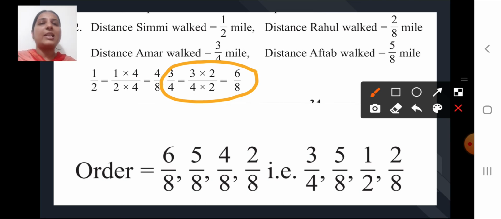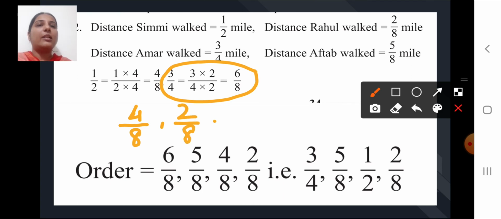So here we will get 6/8. So now we have all the like fractions. Now we have 4/8, then 2/8, then 3/4 converted to 6/8 and then 5/8.